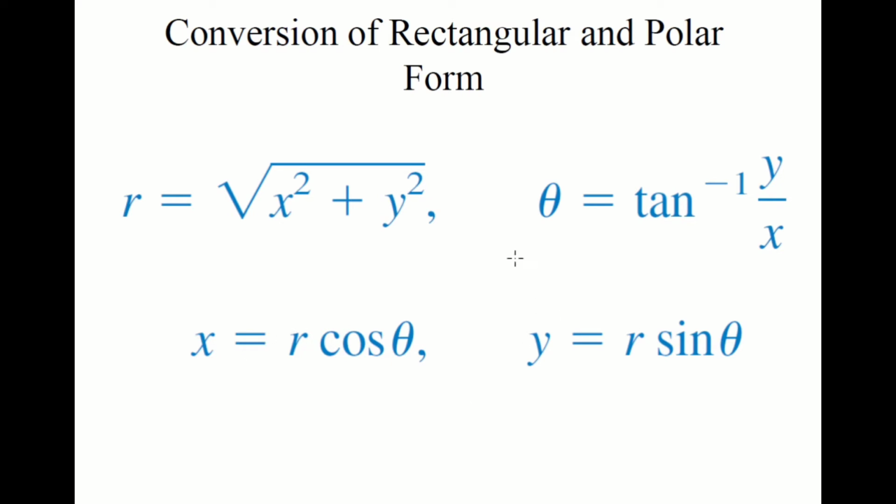At the same time, you can convert from polar form to rectangular form using this equation. x, the real part of the rectangular form, is equal to r cos theta, while y is equal to r sin theta.